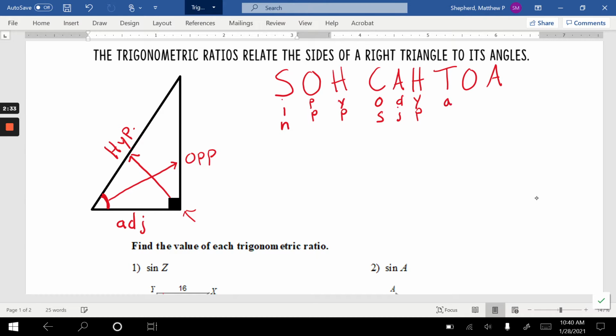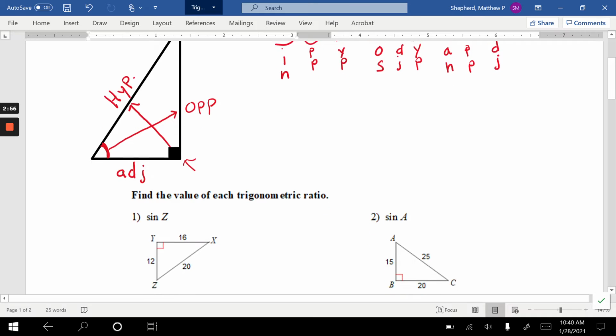And if you want to find the tangent, it'll give you the opposite over the adjacent. So SOH CAH TOA is just a quick word that should help you identify the parts of the ratio.